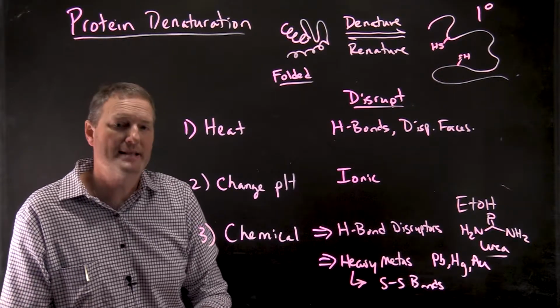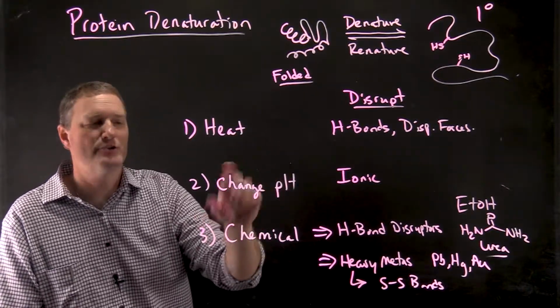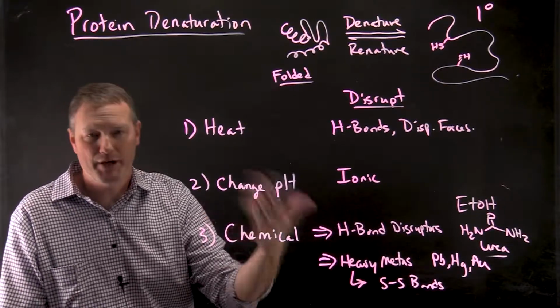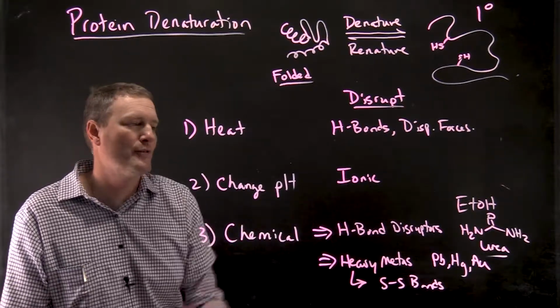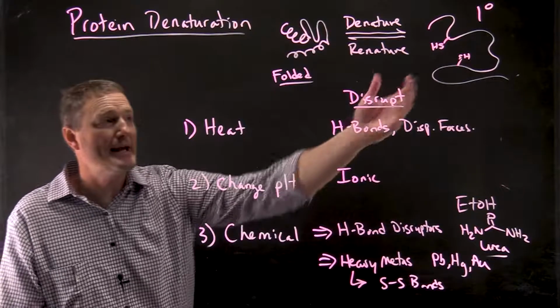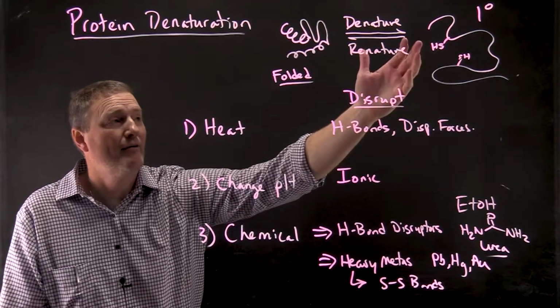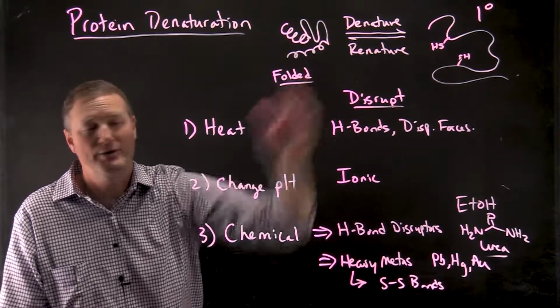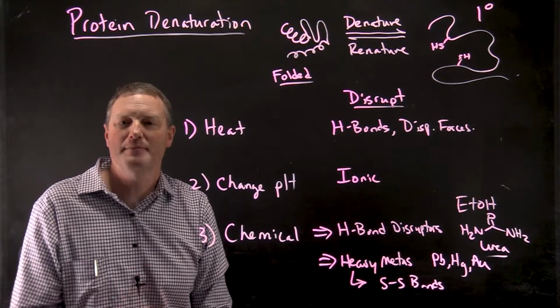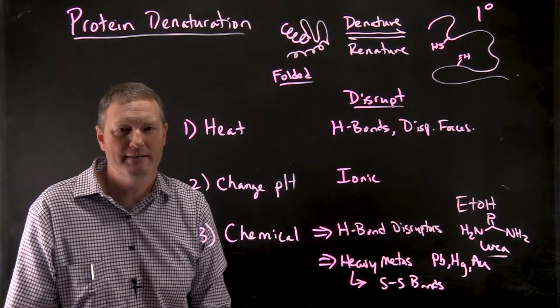But there are many, many cases where simply removing the denaturant, whether it's heat or changing the pH back to its normal state, or removing one of these chemical denaturants, you can actually get a protein to go back from its unfolded state back to its folded. All right, so that sort of wraps up our brief discussion of protein denaturation.